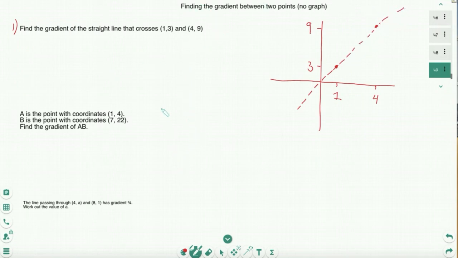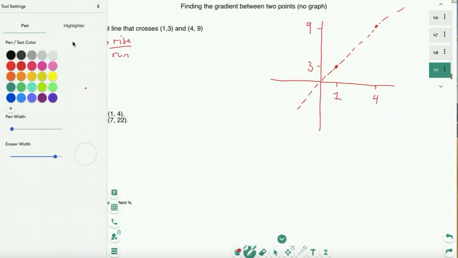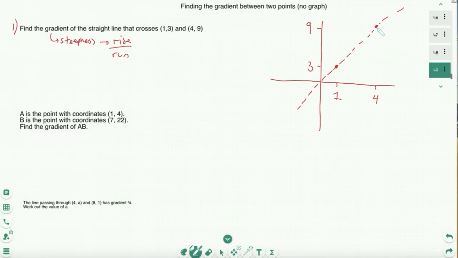And to find the gradient, just remember the steepness. And to find the steepness, it's the rise over run. So we're going to draw a right angled triangle between those points, maybe like this. The rise is this length here.